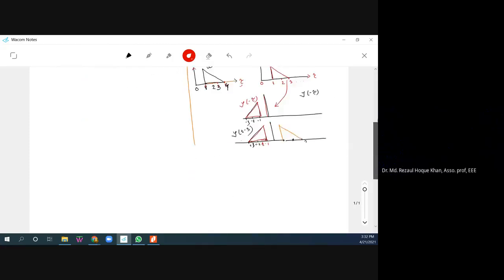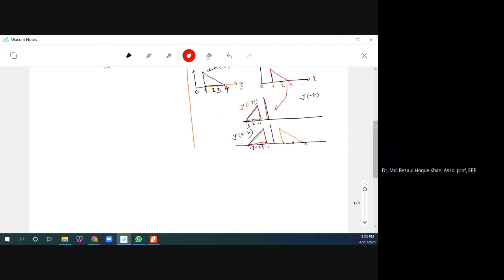How do you take the product of these two signals? You have to make them close. This whole part of the signal, here, here, here, is t minus 1, t minus 2, t minus 3.